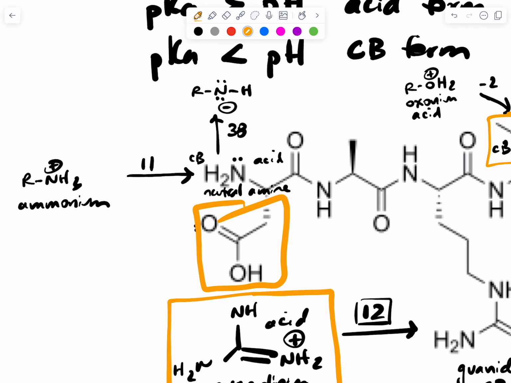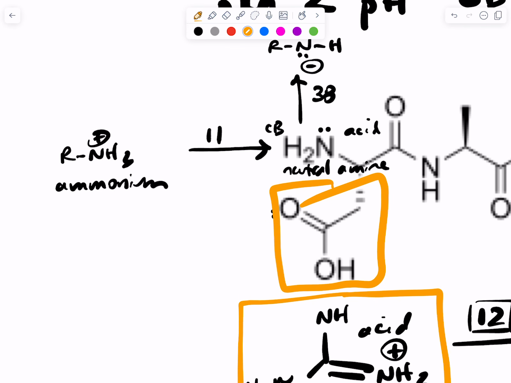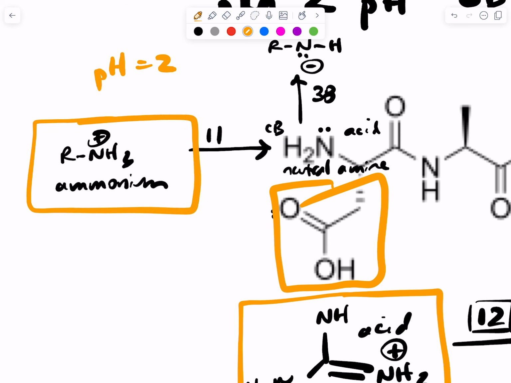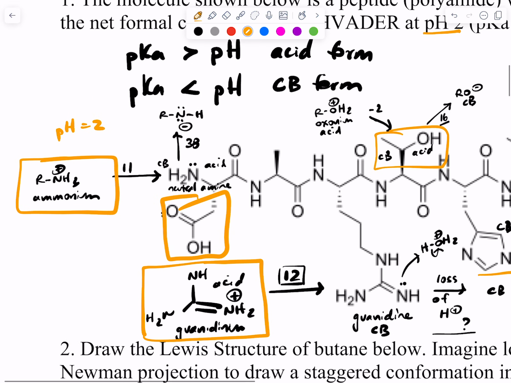Okay, you missed it. Let's try again. pH is 2. If pKa is greater than pH, the proton is still on. Yep, got to be the positively charged form. That is because our pH is much lower than the pKa.